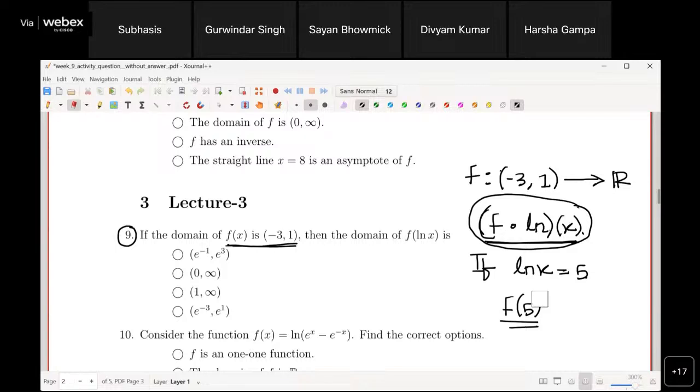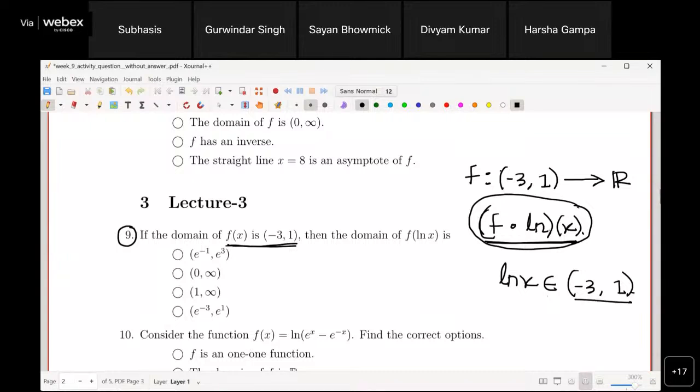So basically, to say this function is defined, I have to find the values of x for which my ln of x is in between -3 and 1, right? If ln of x lies beyond this interval, then certainly this has no meaning, because f is not defined beyond this interval.